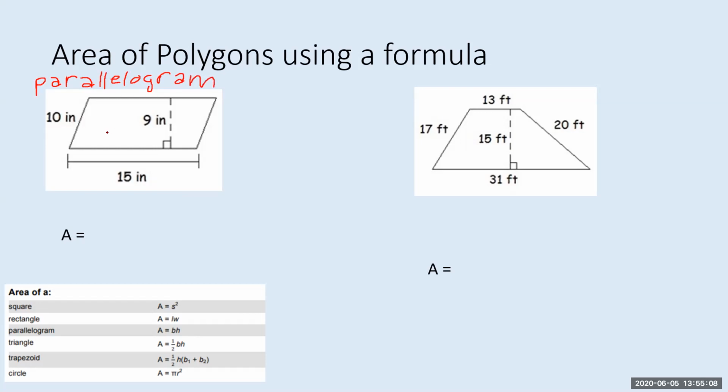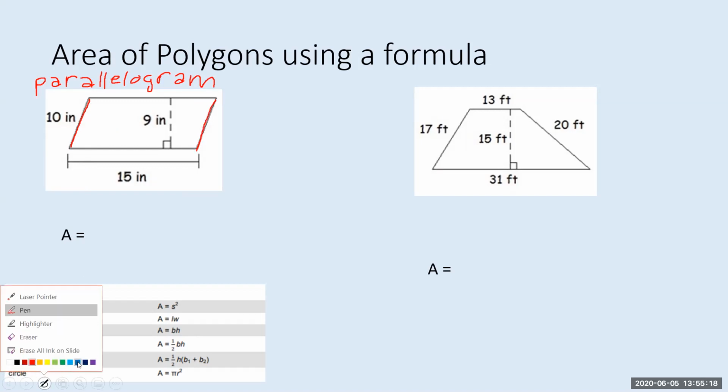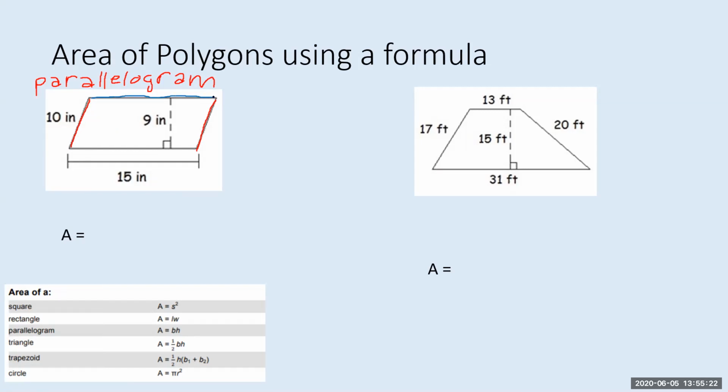So parallelogram. And you can see here, right, that the left side and the right side are pointing in the same direction. And then also the top and the bottom are pointing in the same direction. So 4 sides, and you've got 2 pairs of parallel sides.